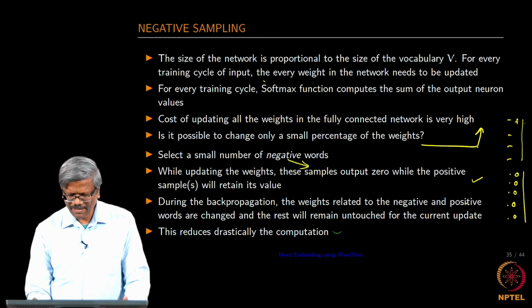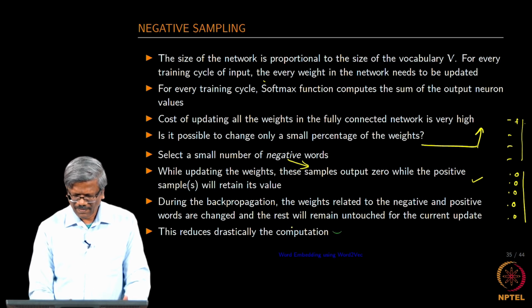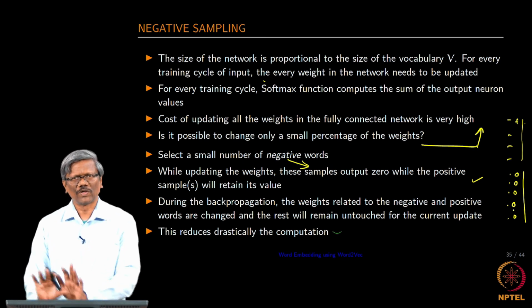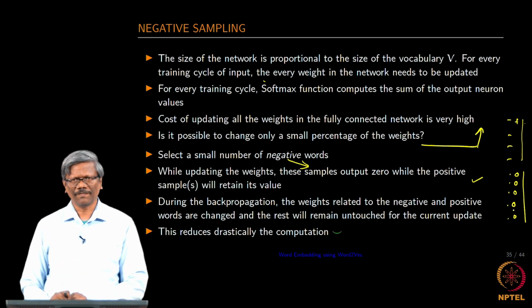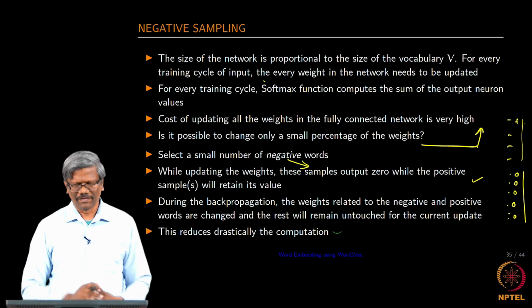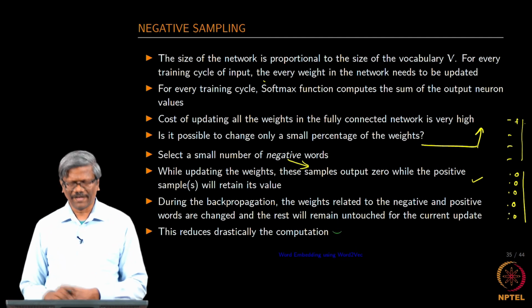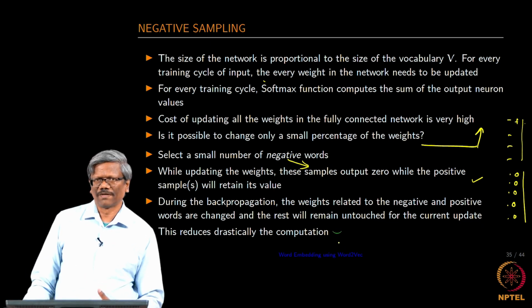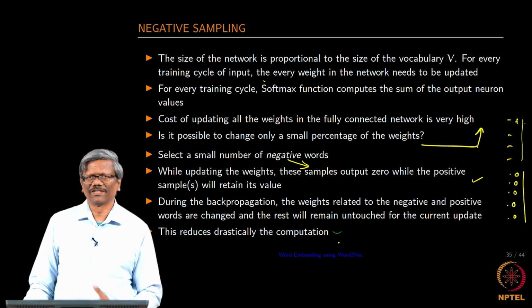While updating the weights, these samples output 0, while the positive samples will retain the values. During the back propagation, the weights related to the negative and positive words are changed, and the rest will remain untouched for the current update. So, we do not touch any of the other weights, we only change these 5 or 10 weights that we have chosen. So, this drastically reduces our computation, does it not?